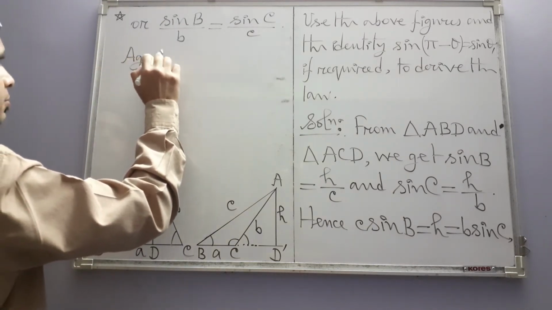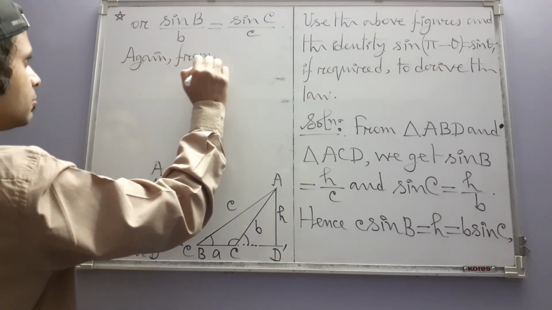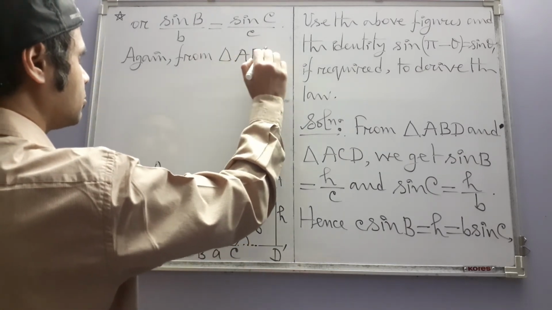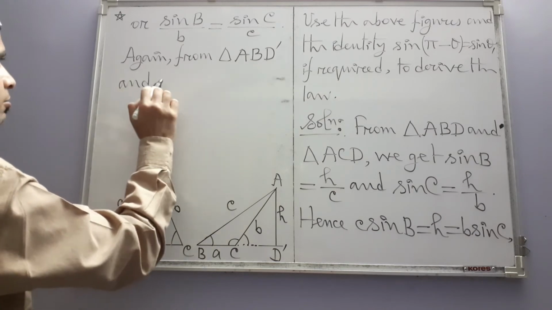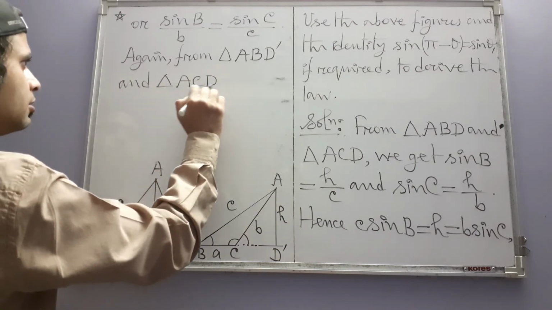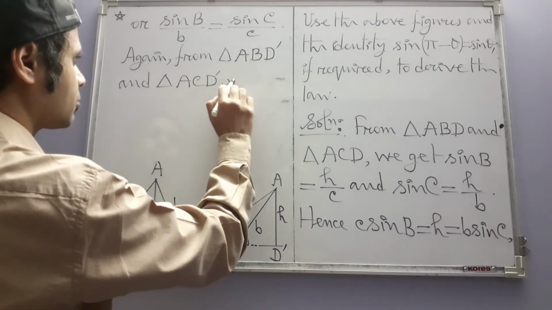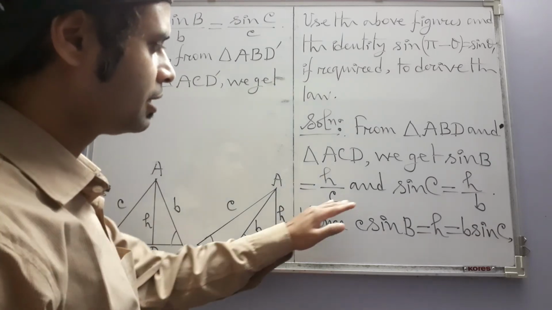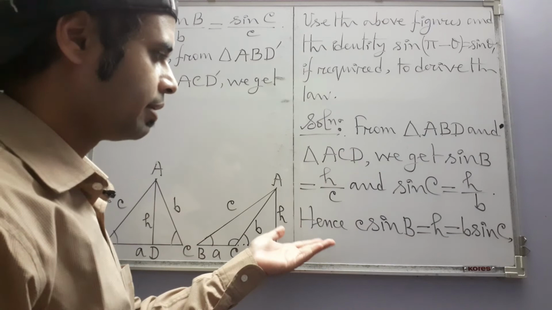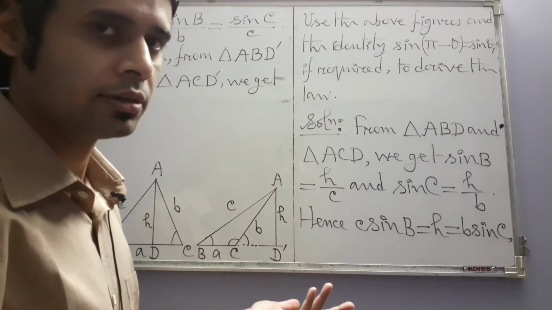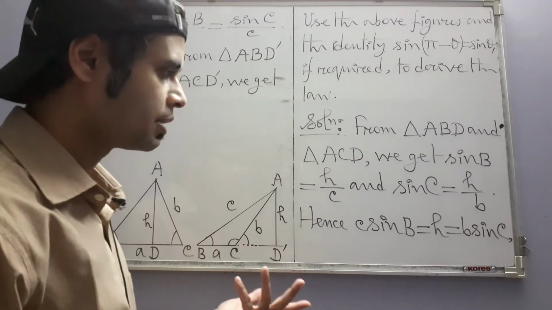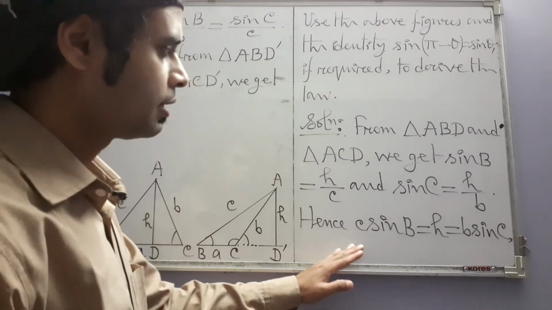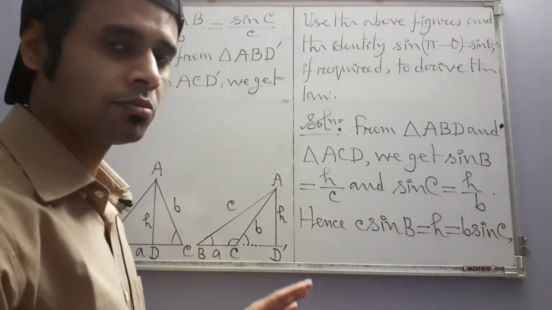Again, from triangle ABD prime and ACD prime, we get... See, sometimes due to laziness, we may think that if we just simply write like this, anyone would understand, right? Of course, anyone who knows these things will understand what we are trying to mean, but still, presentation is necessary, and that's why I am stressing on writing a complete solution.